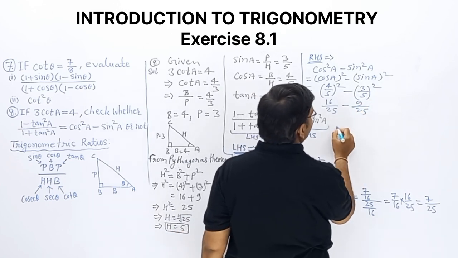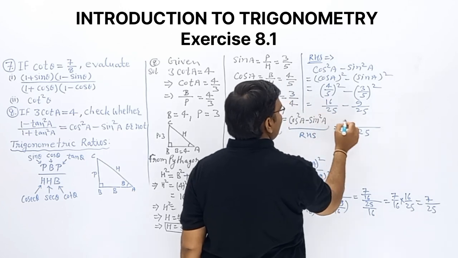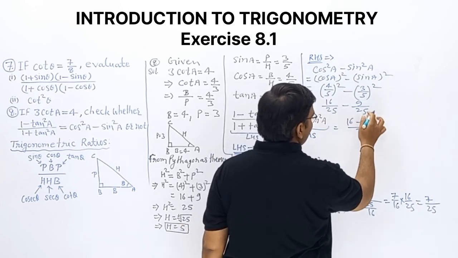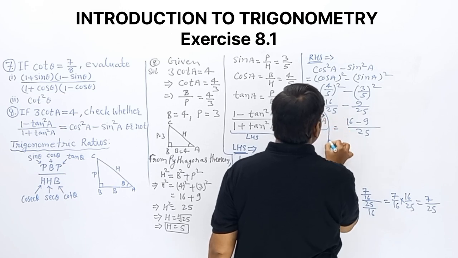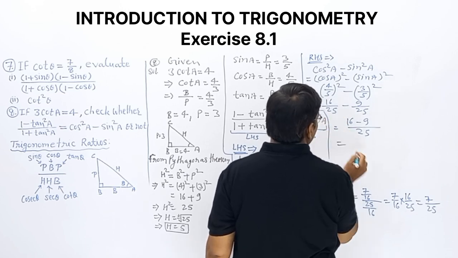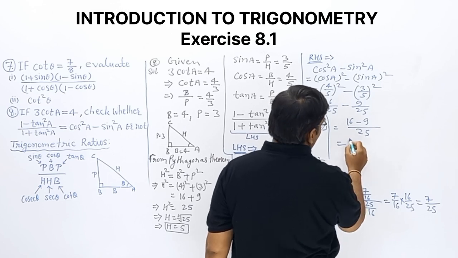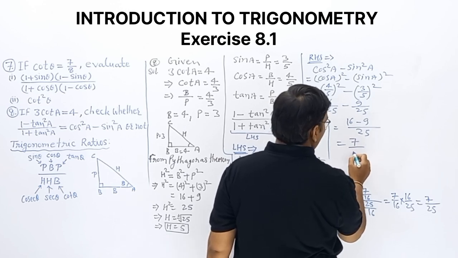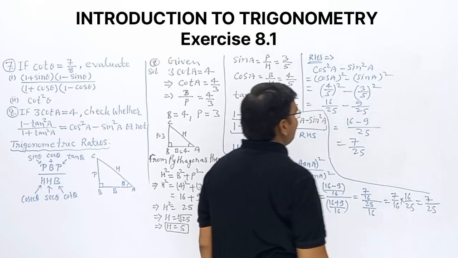Take LCM. What will be the LCM? 25 will be the LCM. 16 minus 9 will be what? 7 upon 25. It means what we can say?